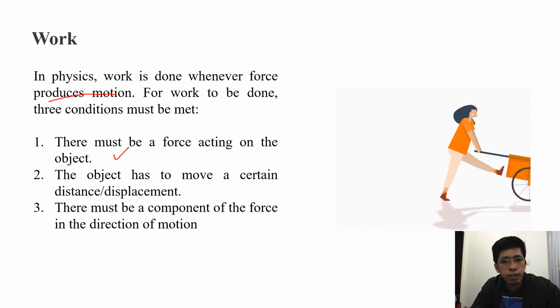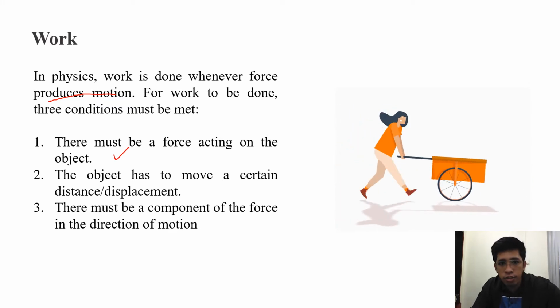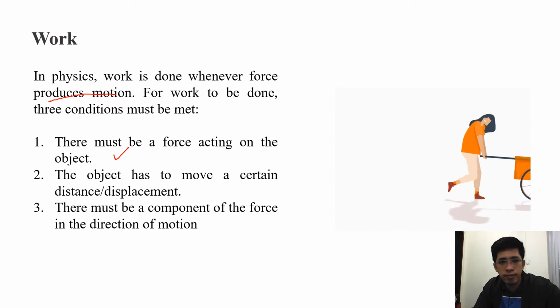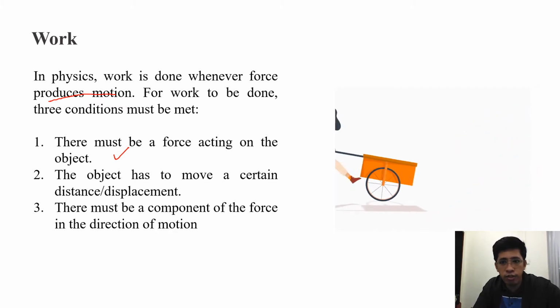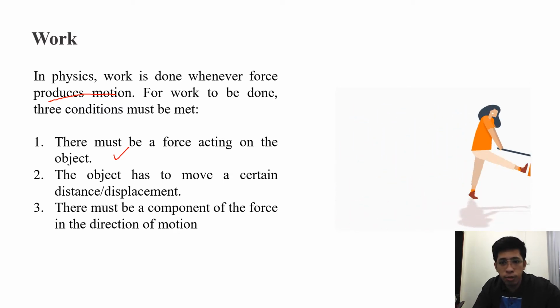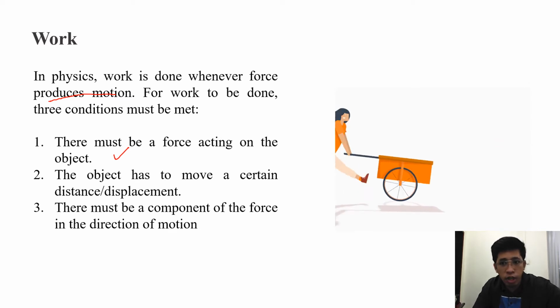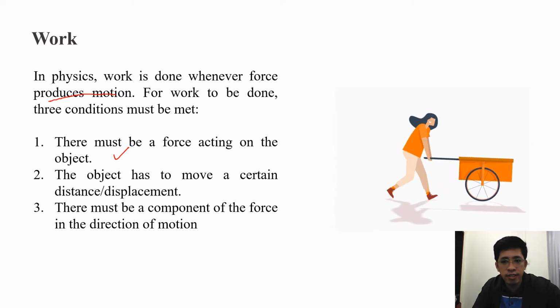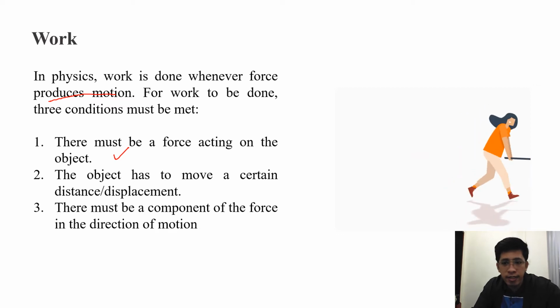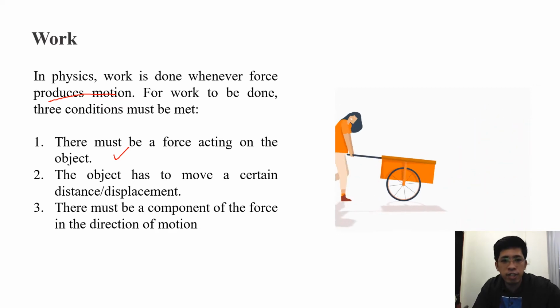Next, the object has to move a certain distance or displacement. So the cart should move some distance or displacement as you apply the force. From condition number 2, the cart that the girl is pushing does not move, so that means work is not done in the first situation.